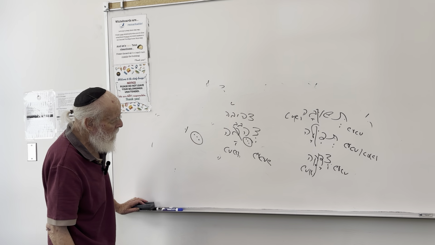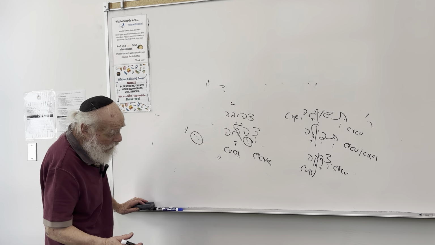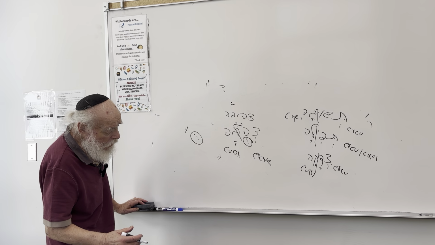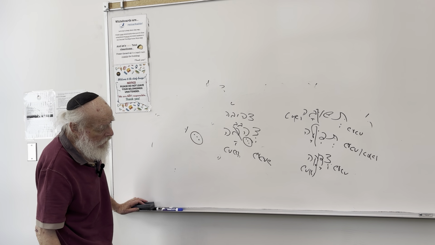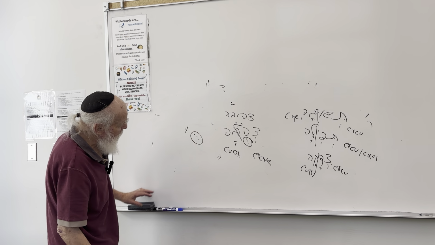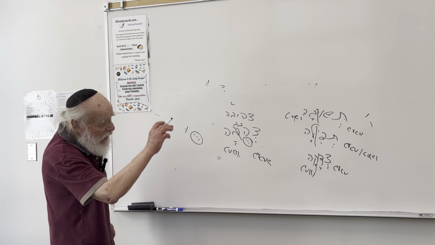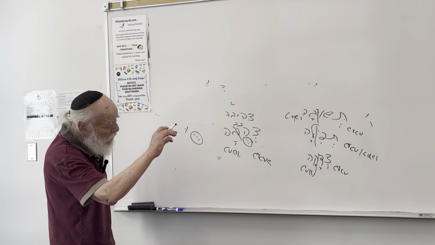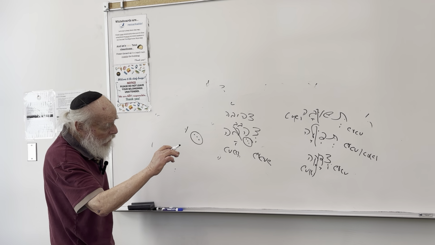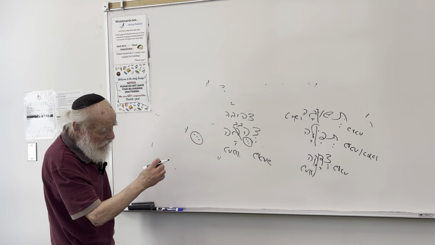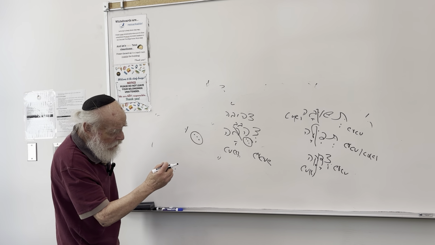But they're both ooh. Yes, they are. One is the longer sound. So which one is the longer sound? The longer one is the shurk. Look at the chart. Long vowel shurk, the sound is longer. The short vowel, comparatively speaking, is shorter.